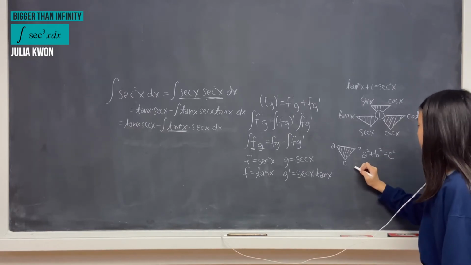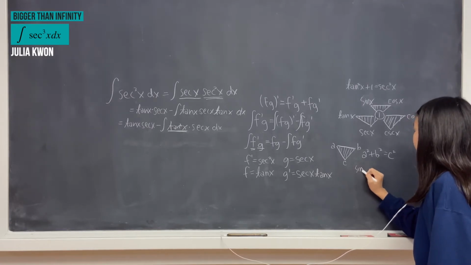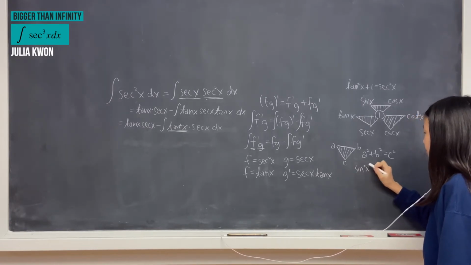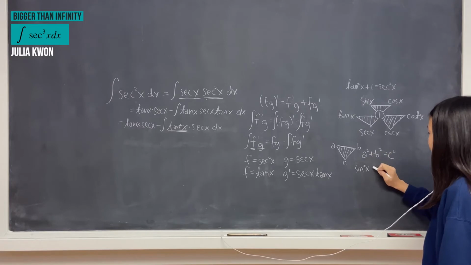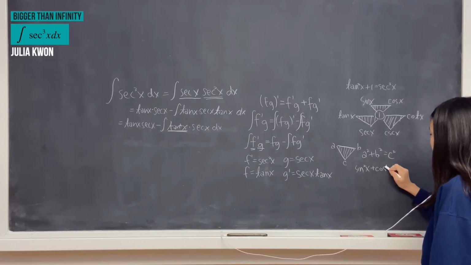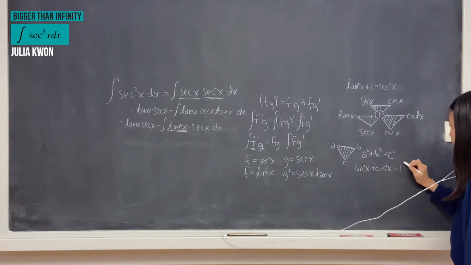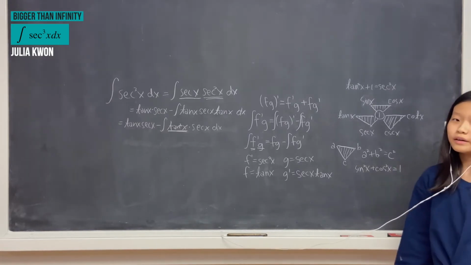And so like sine, it would be sine x squared since the A is being squared. The same for the cosine, and the same for the 1. And it's squared, but 1 squared is just 1.